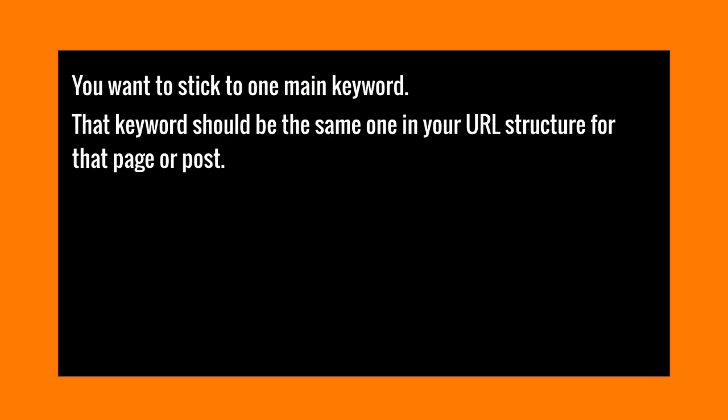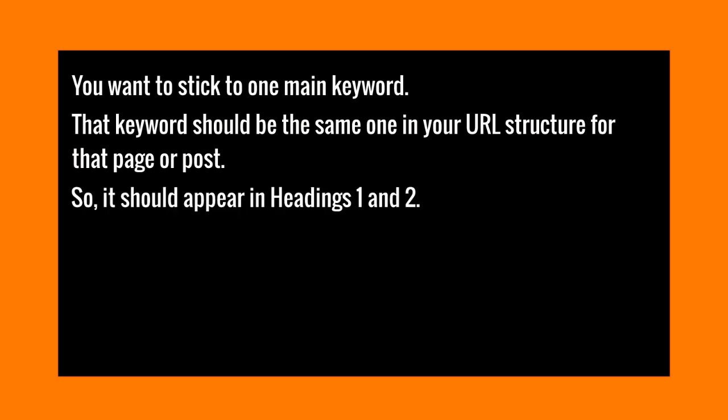Now I'm going to show you in a minute. If we hop on over to WordPress, you can name the title, and if everything is set up correctly, the permalink or the URL structure should have that keyword, and that keyword should be spread about. Now, you definitely don't want to make it appear too many times, otherwise that will be seen as keyword stuffing.